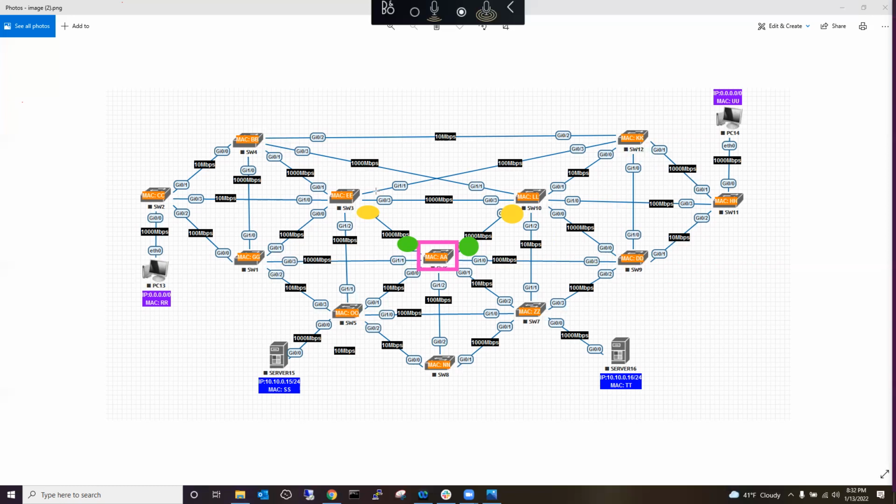We know all the priority numbers on the switches are the same. So after the priority number comes the MAC address, and switch 3 has the lower MAC address than switch 10. So the port GI interface 03 going into switch 3 is going to be the designated port, and the GI0 interface 3 on switch 10 is going to be the blocked port, because you never have two designated ports back to back together.